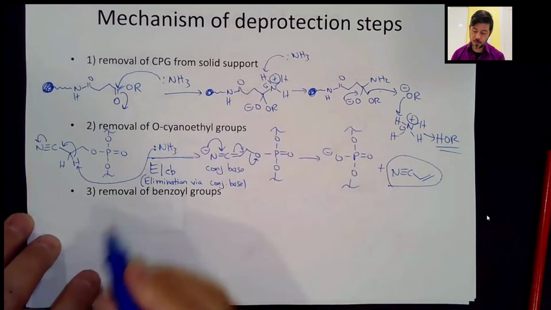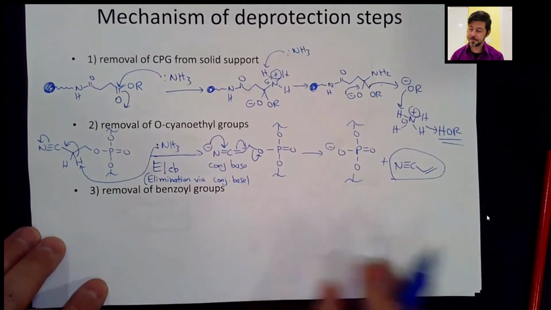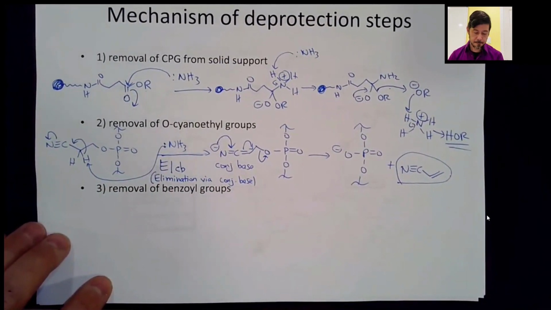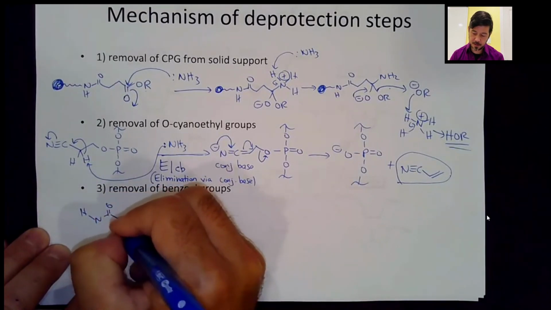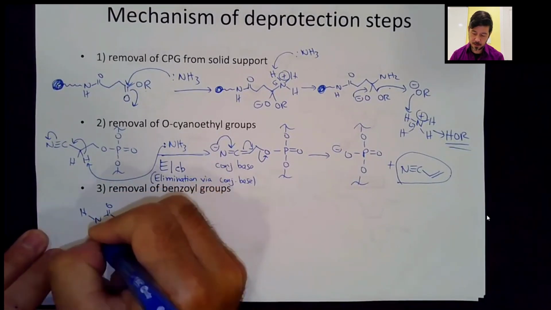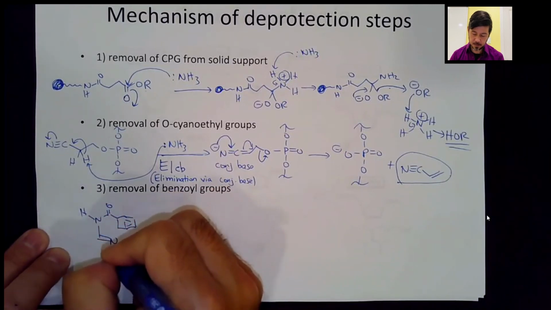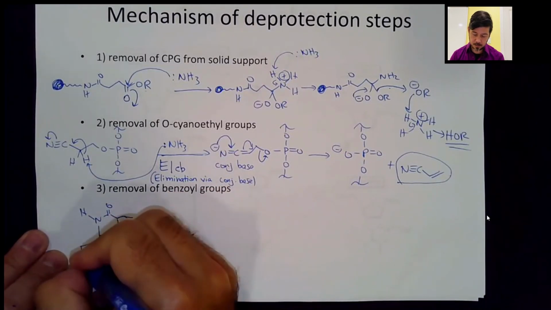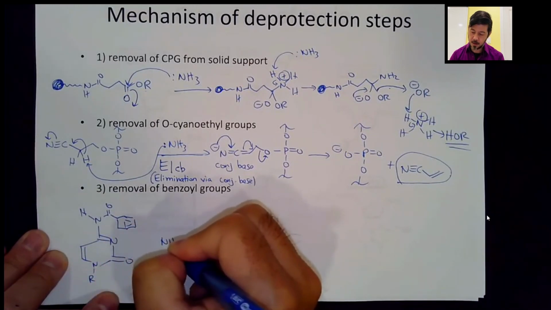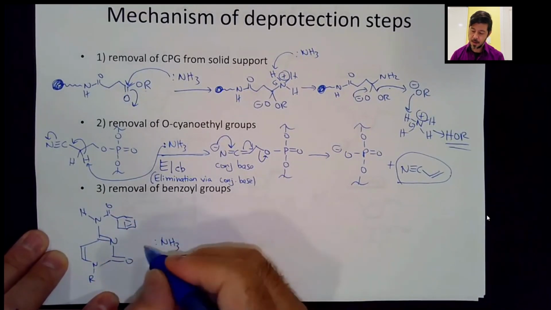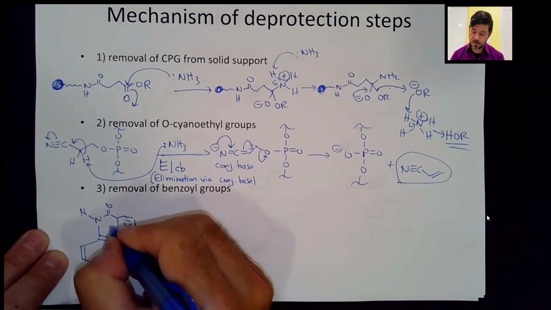And then finally, removal of the benzoyl groups. I'll just take one of the examples. Ammonia will come, and it's fairly straightforward.